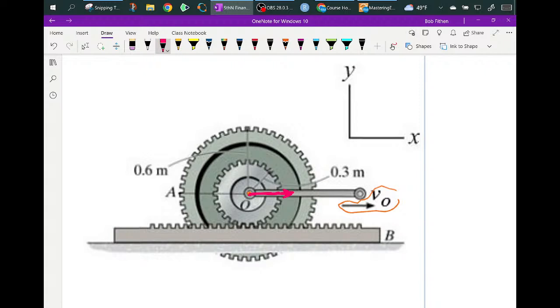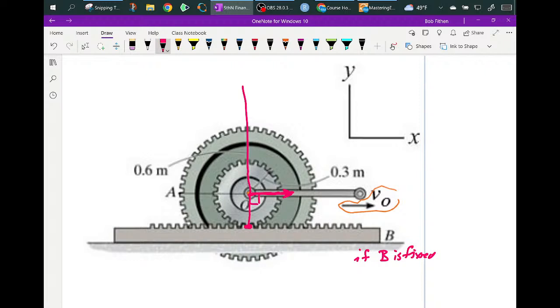Now, if B is fixed, then this point right here doesn't have a velocity, and so all these points out here, which are perpendicular, have a velocity profile like so.